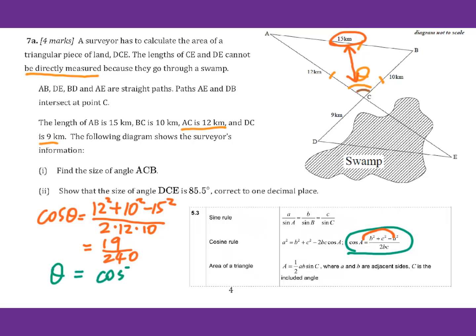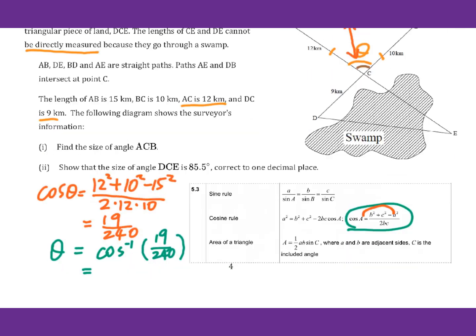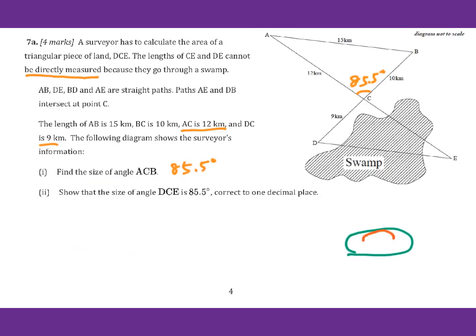We do the inverse cosine of 19 over 240. You will get 85.5 degrees.